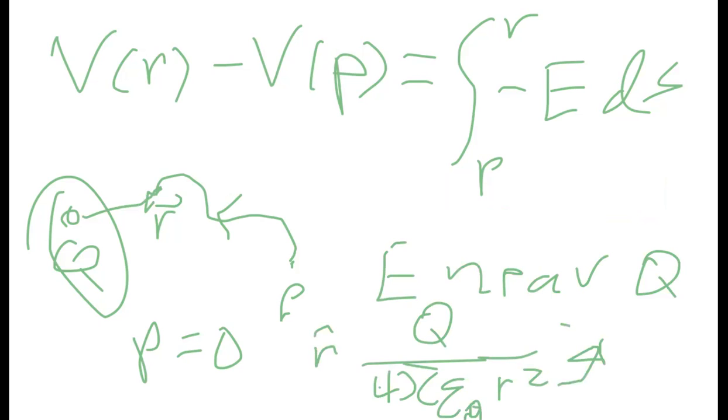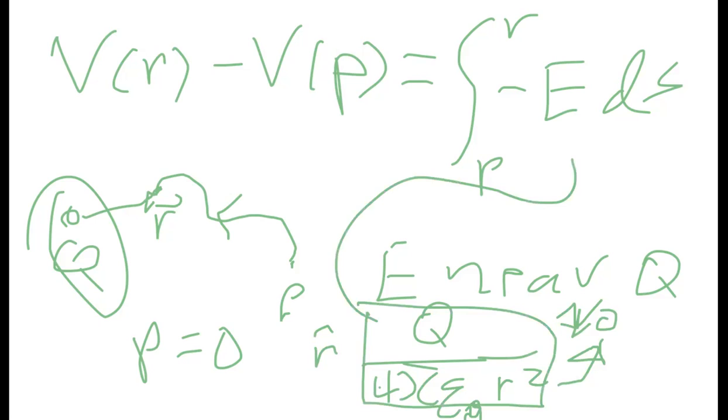Well, R squared goes to 0 near Q. That length gets shorter and shorter. So this would actually diverge. This integral wouldn't work. We can't actually find the potential at that point charge Q.